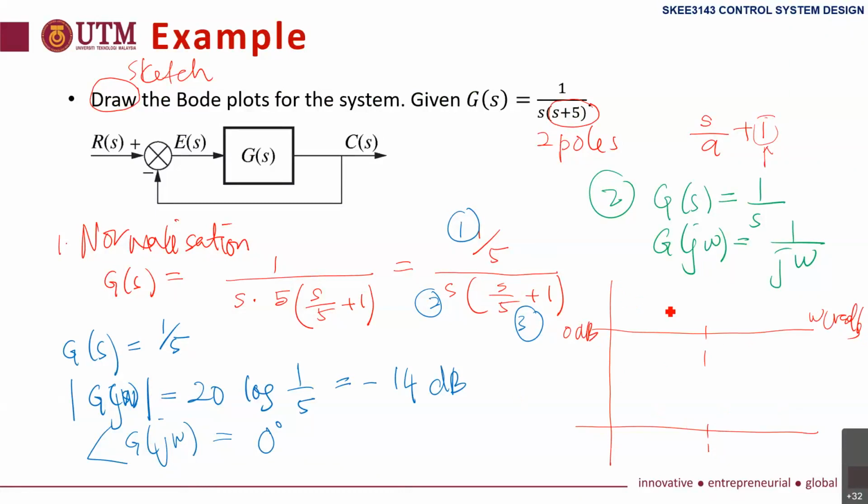So it will be like this, minus 20 dB per decade. And the phase, minus 90 degrees. So that is component 2.